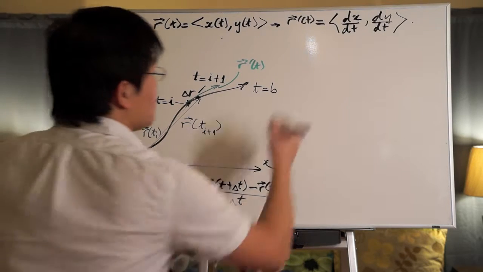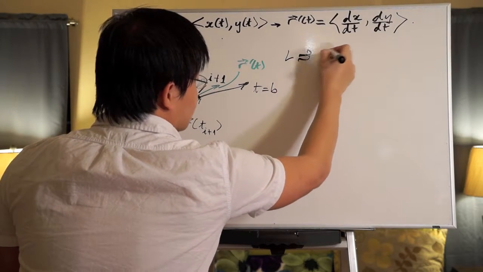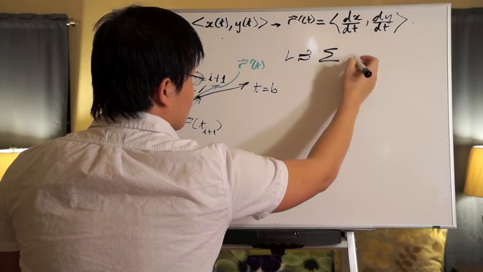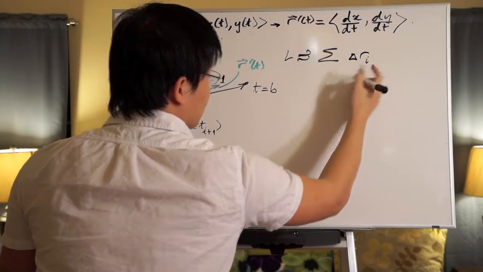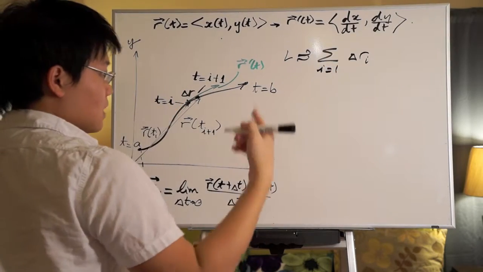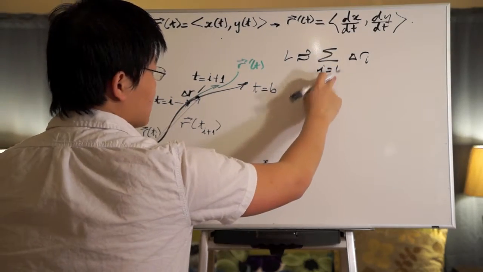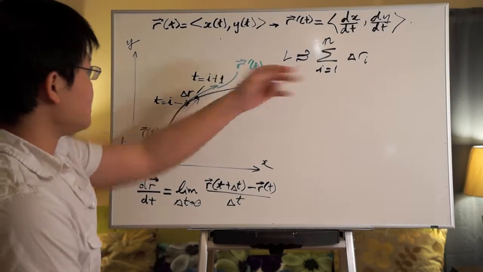Let's go ahead and do it. So we have L is approximately the sum of some delta r sub i, where i starts from 1 to some n. And how do we determine this n?